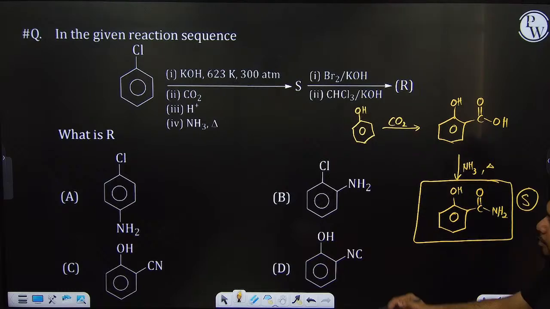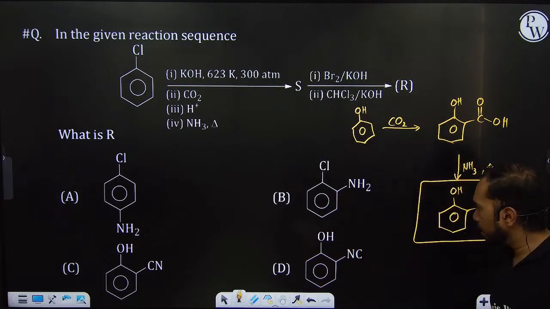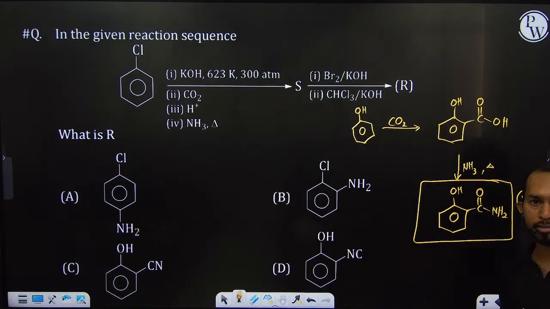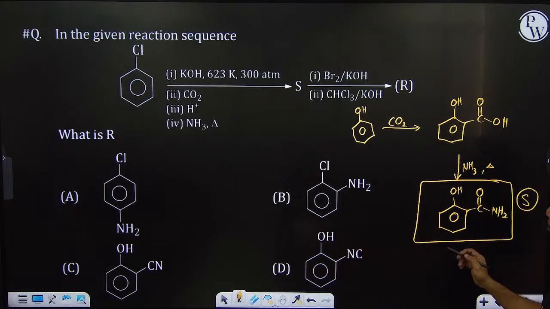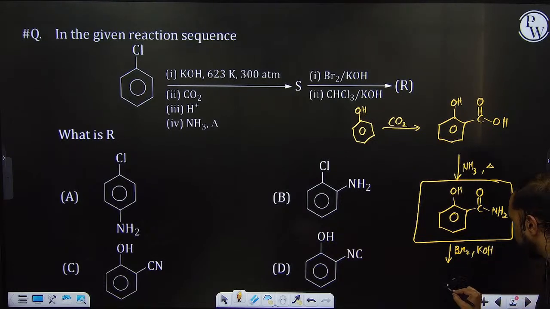Next, what is given is that this is reacted with Br2 and KOH. Bromamide degradation will happen, and the product will be aniline.